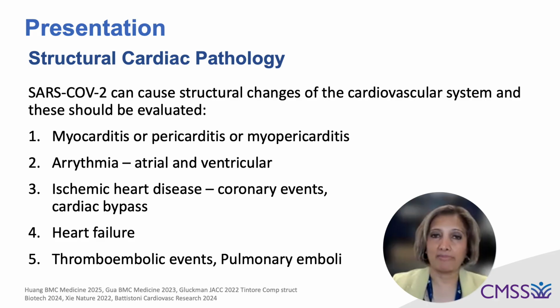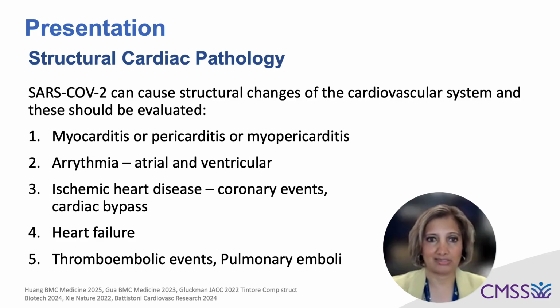Some of the very common structural abnormalities that you can see related to the cardiovascular system are things like myocarditis and pericarditis. We talked a little bit about the arrhythmias, but there can be significant tachycardia or even bradycardia related to long COVID. And of course, we know that long COVID increases your incidence of cardiovascular events and other structural anginal ischemic events.